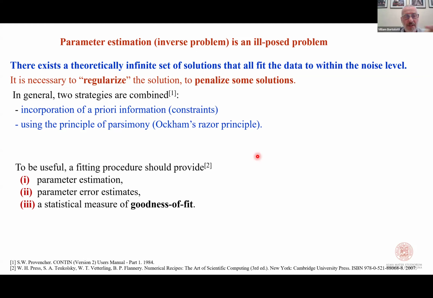In order to discard models, where the model in this case means the set of parameters. You have just one model, multi-exponential, but you can obtain very different sets of parameters when you fit one set of data. And so you need to introduce a priori information, constraints, for example non-negativity of the distribution.